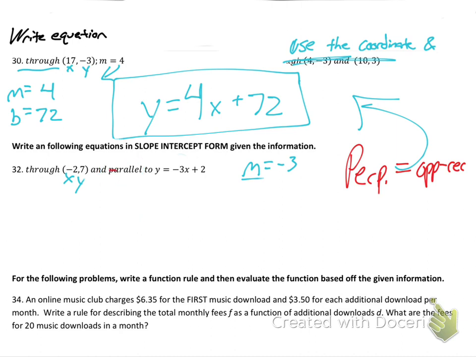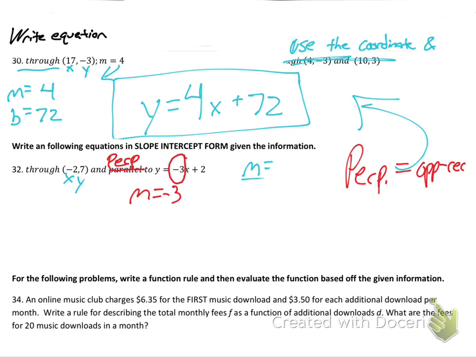Let's say this was perpendicular. We would still just look at what the slope is, okay? But the thing that I have to do is I have to make it an opposite reciprocal. So if the slope of this line is equal to -3, I need, for my perpendicular line, to do the opposite reciprocal.